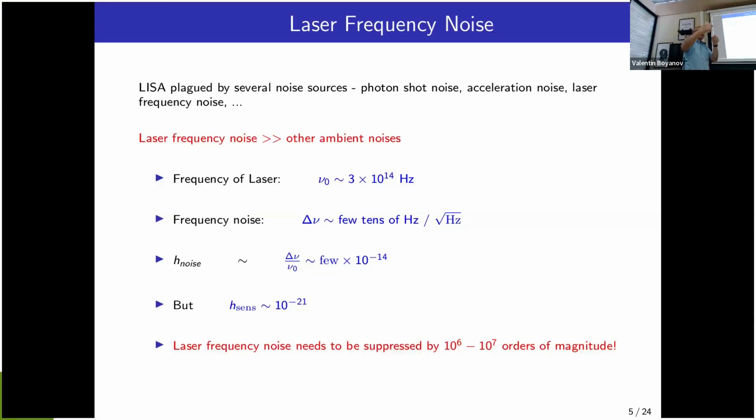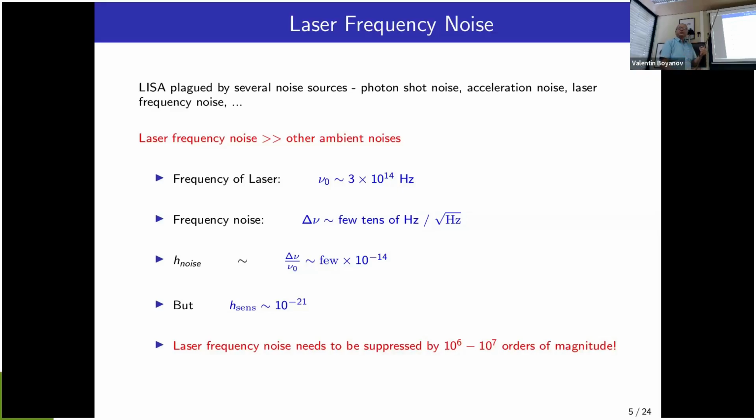They are on geodesics, freely moving particles, and the distance is almost kept the same, but the lengths of the arms are not equal. And if they're not equal, this laser frequency noise does not get cancelled. In a ground-based detector you can do that because it's more under control, and you can use beam splitters and so on.